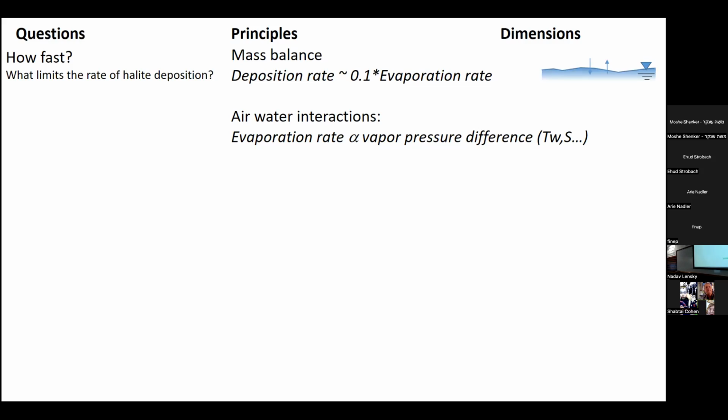So the next question will be, what is controlling the evaporation rate? How fast we can go with the formation of these rocks will depend on how fast we can evaporate.